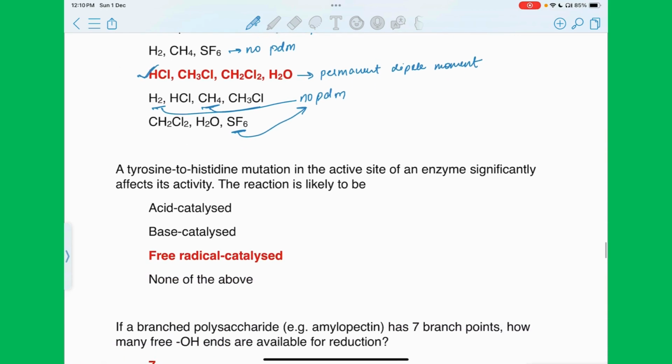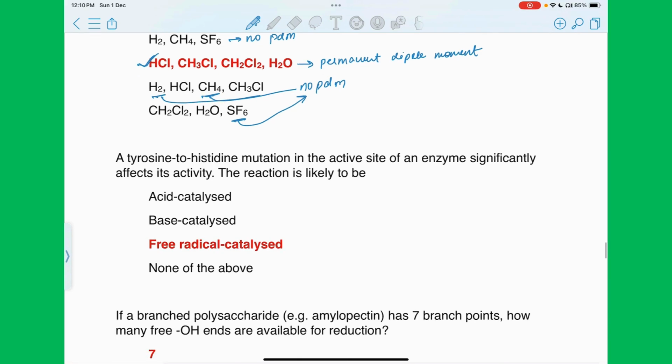To the next question. A tyrosine to histidine mutation in the active site of an enzyme significantly affects its activity. The reaction is likely to be? Okay, so we know that tyrosine has a phenolic OH group, which can participate in hydrogen bonding and can act as an acid.